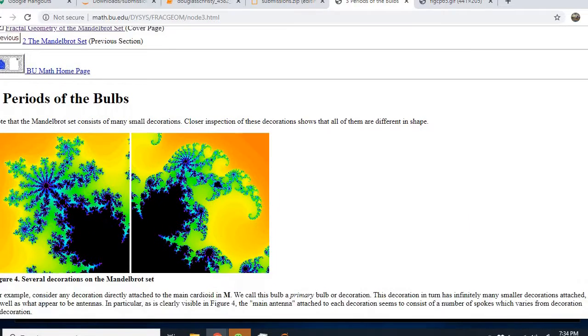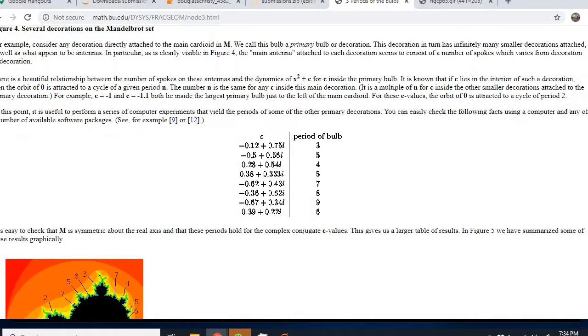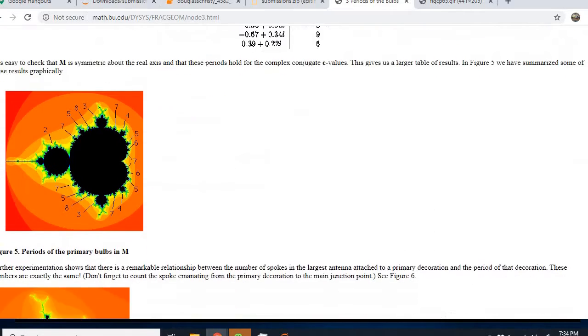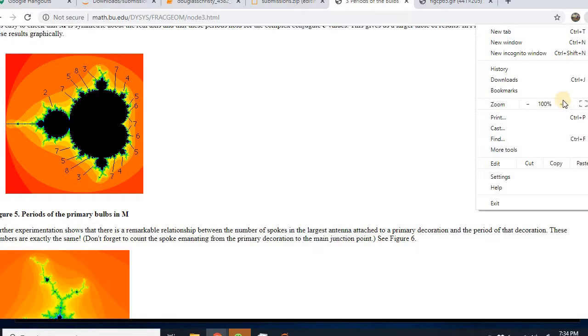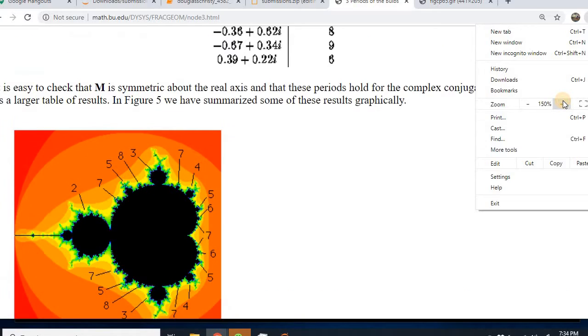Right? And he says there's a pattern in these bulbs. So my question in the paper was, find one with period 3. Okay, so do you see the period 3 over here? You see the bulb with period 3. All right. So we kind of know where to look. It's this here. All right.